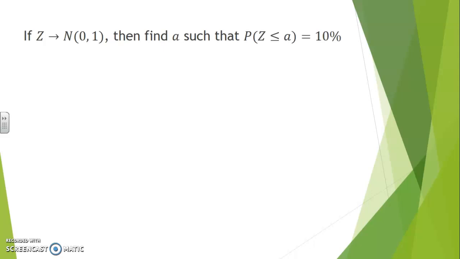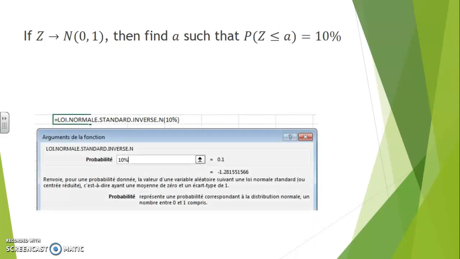Since we are going in the reverse direction from previous examples, you will have to use from Excel the inverse function, loi normale standard inverse, or norm s inv. Provide the area or the proportion of the area you want in the probability window, and Excel will give you the corresponding Z value.